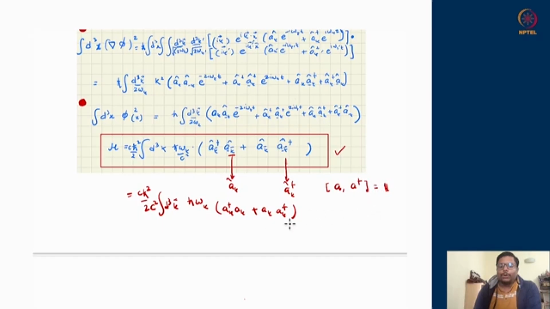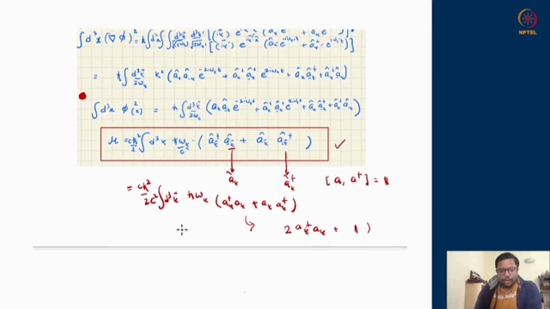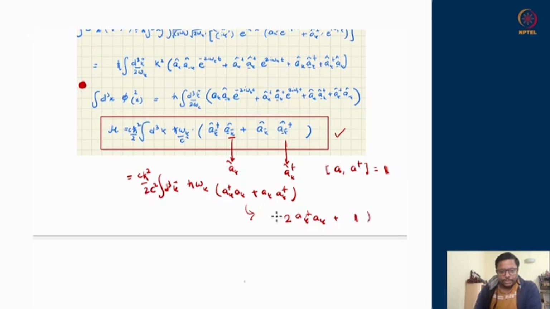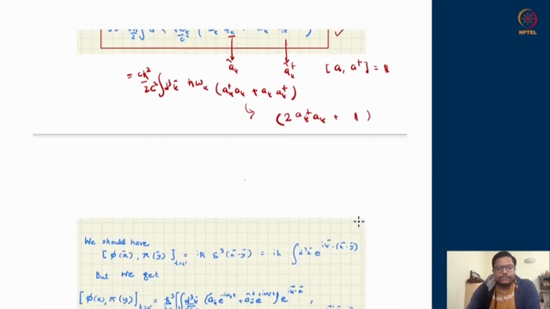Using that we converted this into a dagger a plus, actually it becomes twice of this, plus identity 1, and the outside half makes everything into a single a dagger a plus 1 by 2. So a similar kind of thing we can expect if we have a similar commutator between a_k and a_k dagger. That is what we will try to see.